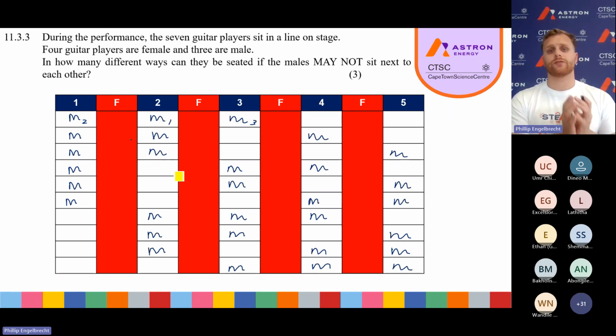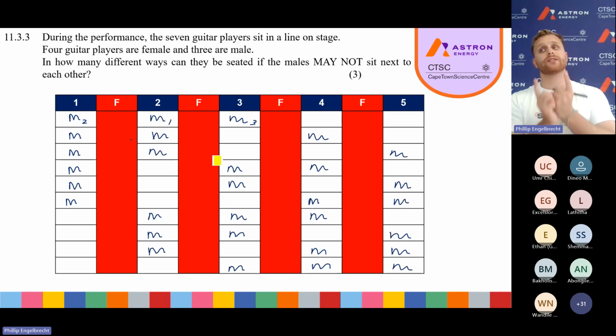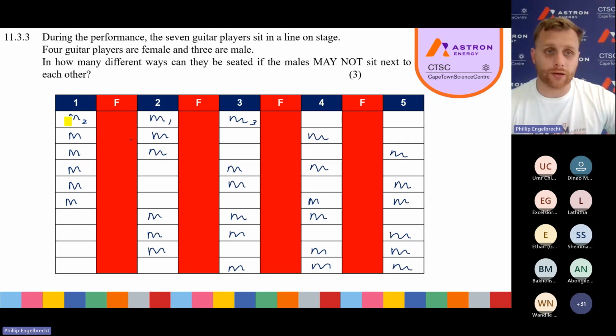Okay. So, all right. Now, these are the ways that you can position the males such that they do not sit next to the females. But guys, let's look at row 1. So I'm going to highlight this entire row over here.